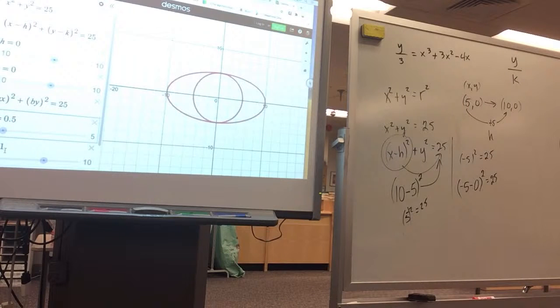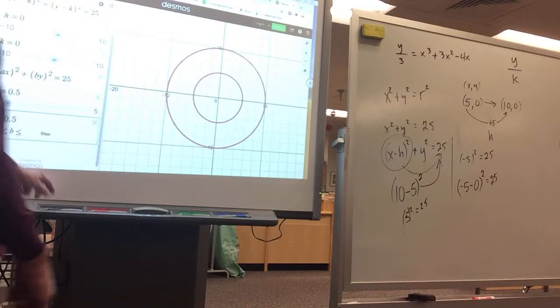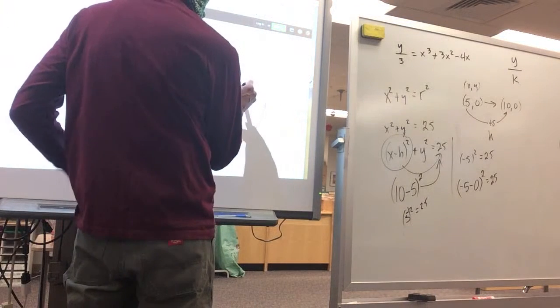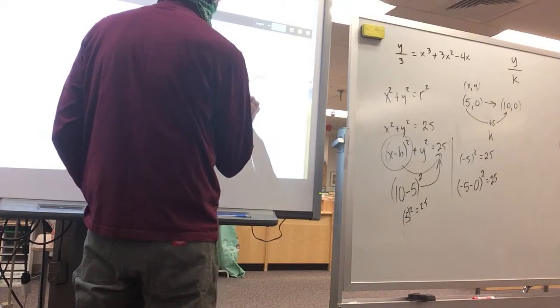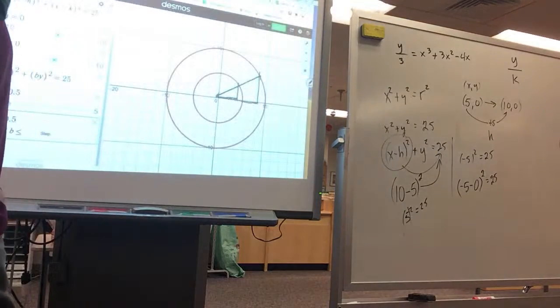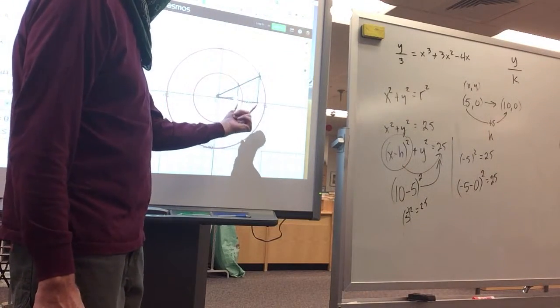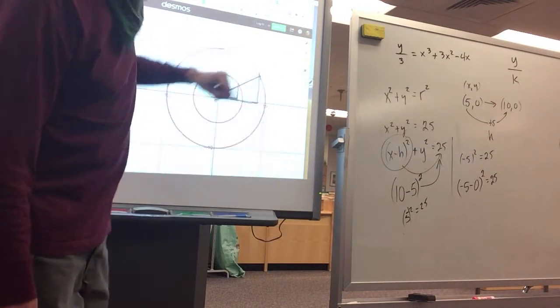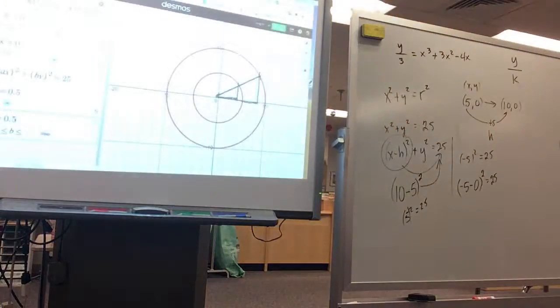I gotta go down to my b's. Now take a look at what's happened. If I find one triangle, all I've done is I've doubled the length of that leg, and I've doubled the length of this leg, therefore I have to double the length of my hypotenuse.